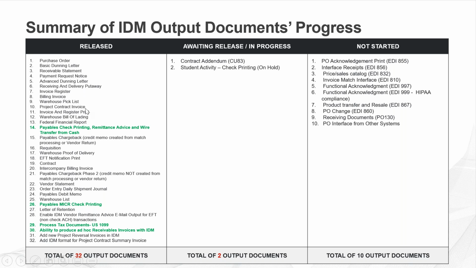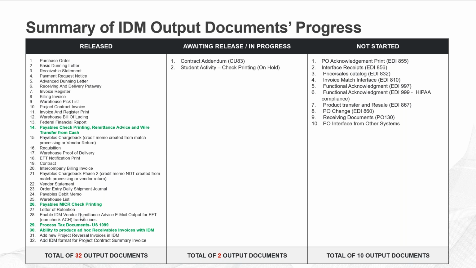Project contract invoices, billing invoices, accounts receivable invoices, payable checks, whether you want to go printed on watermark check stock that you have, if you have some stock left on hand, or you want to go ahead and do MICR encoded check printing, where you just put the blank paper in the printer, and from a fraud perspective, be able to print everything on that piece of paper, including the remittance advice from the system. We do both aspects of that. And I also want to point out that we also do US 1099s. So, those are the things that I'm going to have conversations with today.